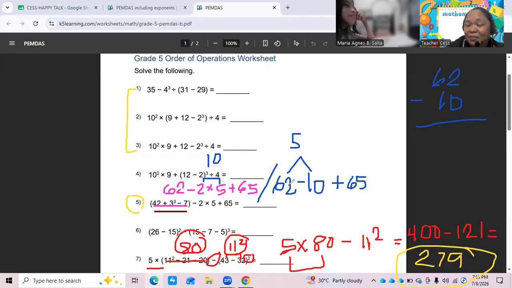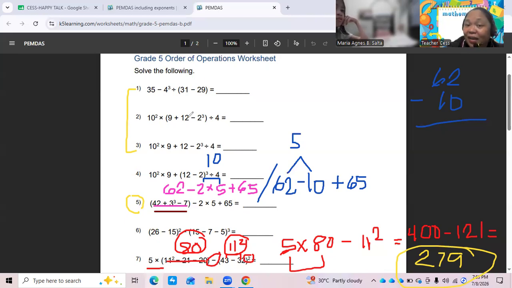They are both positive. 62 minus 10, you will subtract only, Mika. It is not integers. What is your answer? 51?